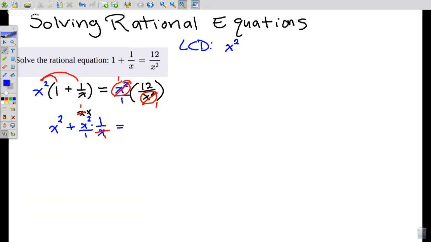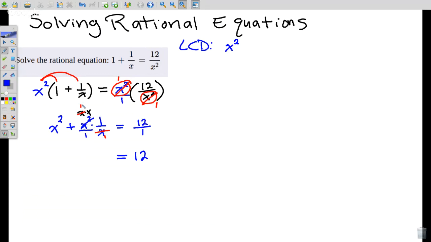Other side, cleaning that up, numerator is 1 times 12 or 12. Denominator is 1 times 1 or 1. Dividing by 1 is kind of boring, so we can just say that's a 12 on that side. On this side over here, we replace the x squared with an x due to that cancellation.